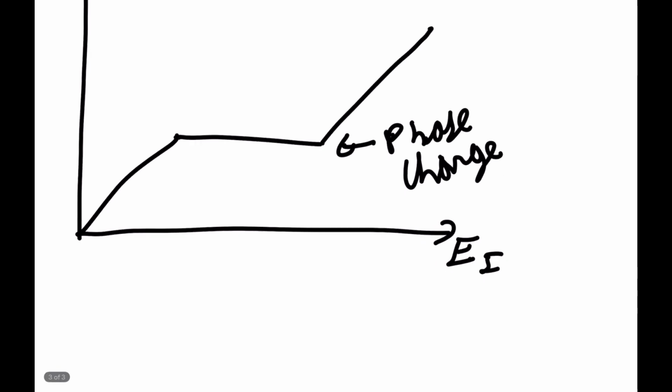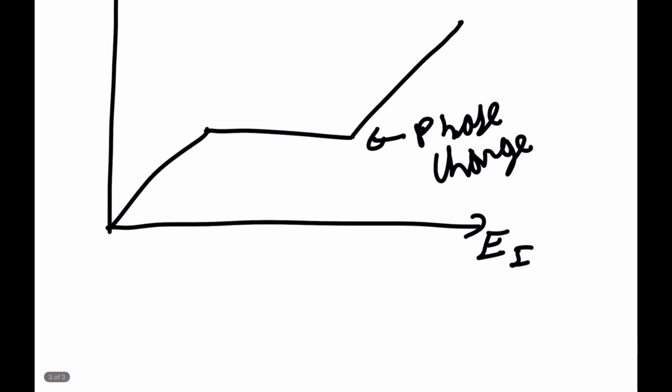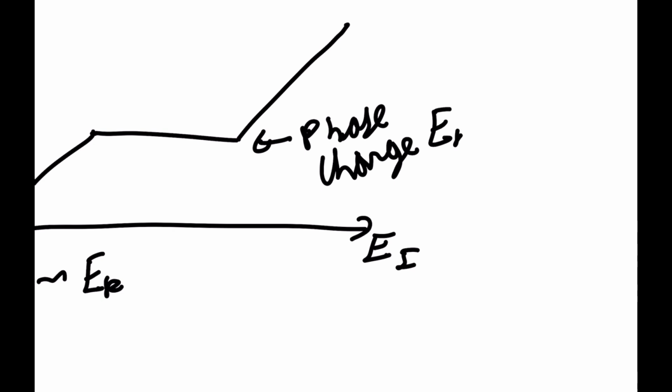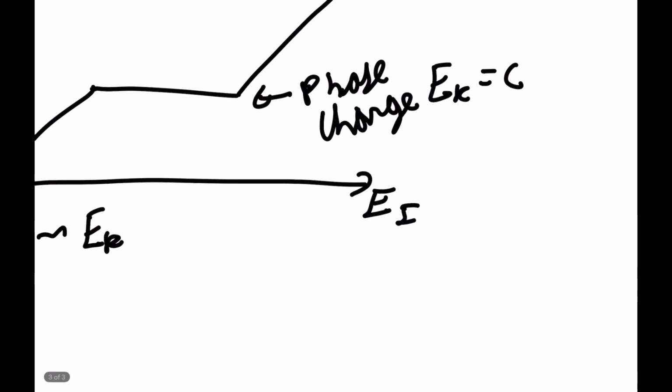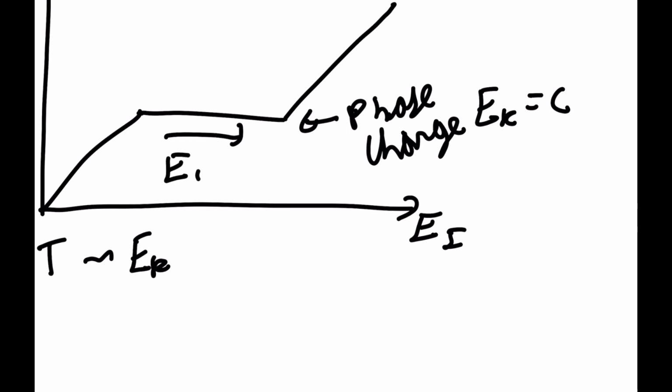This is because the kinetic energy stays the same, because temperature is related to the average kinetic energy. So E_K is constant, but the potential energy increases, so E_P increases.